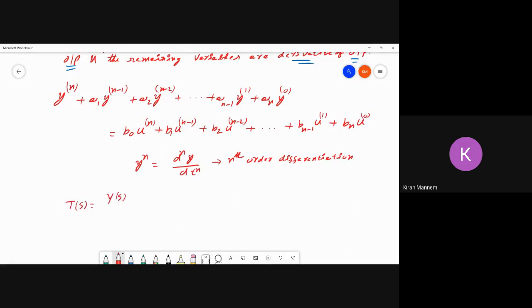Output by input in Laplace transformation is equal to b naught into s to the power of n plus b1 into s to the power of n minus 1 plus b2 into s to the power of n minus 2, and so on, plus b n minus 1.